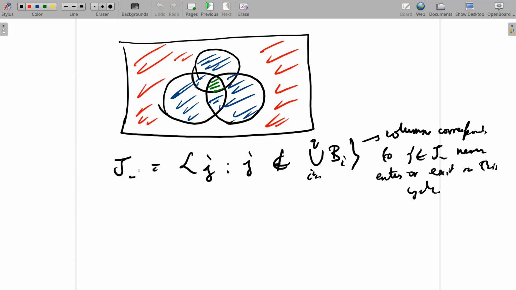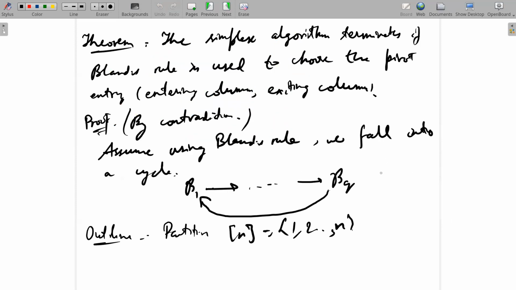Sir, this B1, B2, all of them are like bases? Yeah, these are all bases. This is an ordered basis, and this diagram is essentially we are cycling through BFS corresponding to this ordered basis.